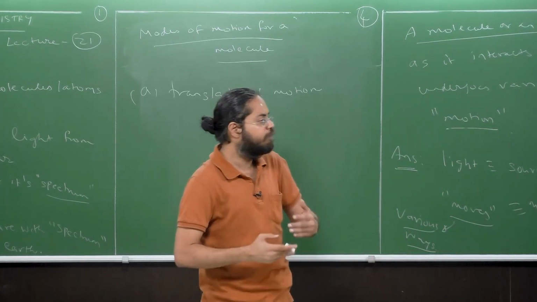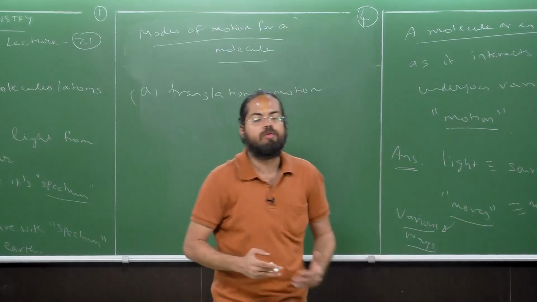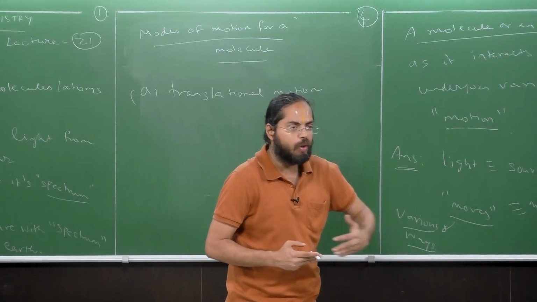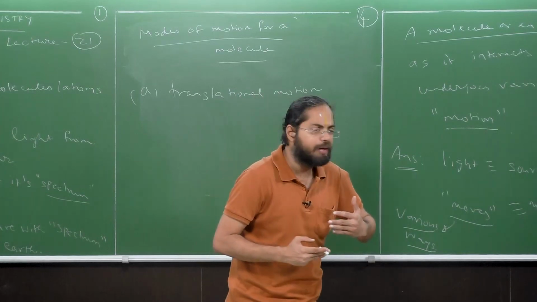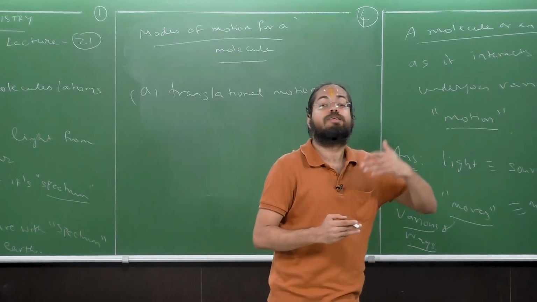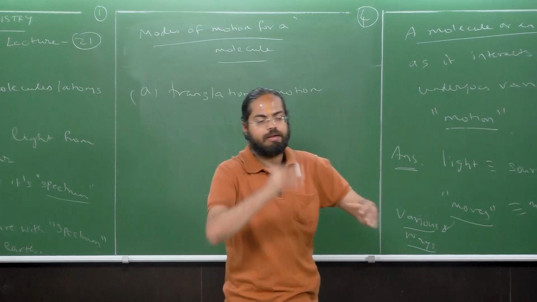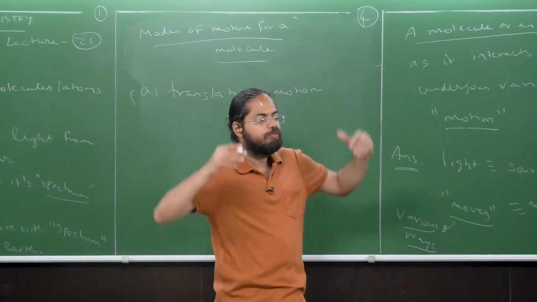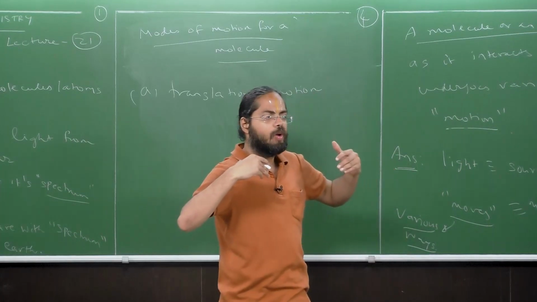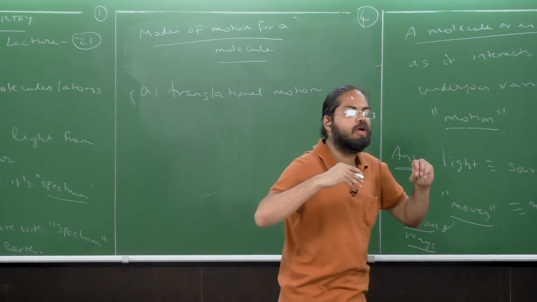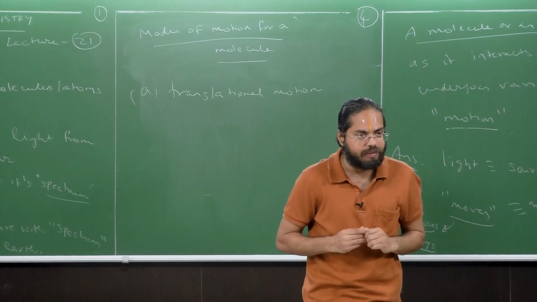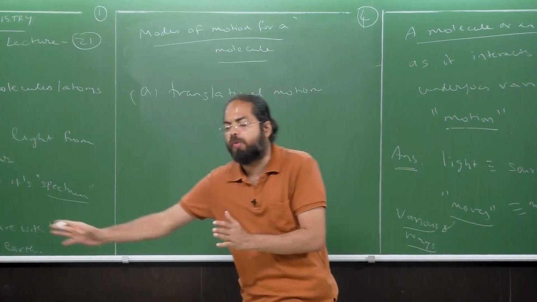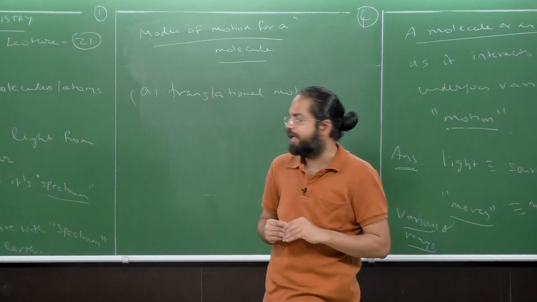We move from point A to point B. As part of this translational motion, our XYZ Cartesian coordinates change, and this process is associated with some kind of linear momentum. This is simply going from point A to point B. That's our colloquial understanding.